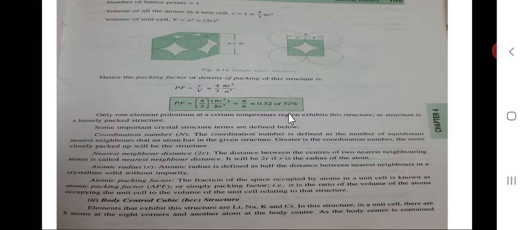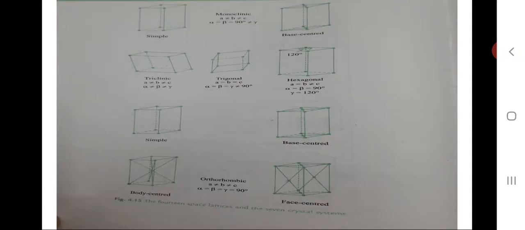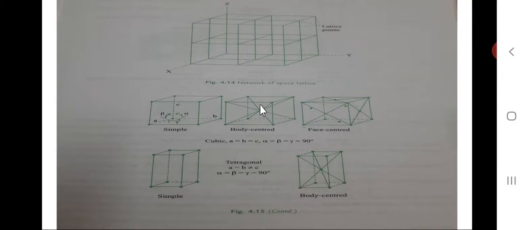Now next is the body centered cubic structure. Elements that exhibit this structure are lithium, sodium, potassium, and chromium.